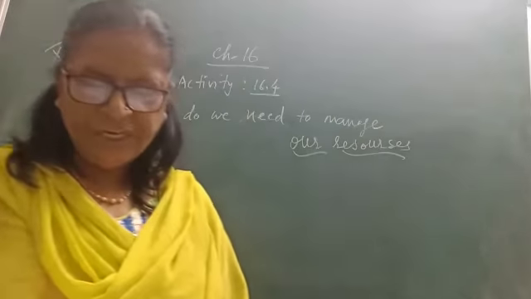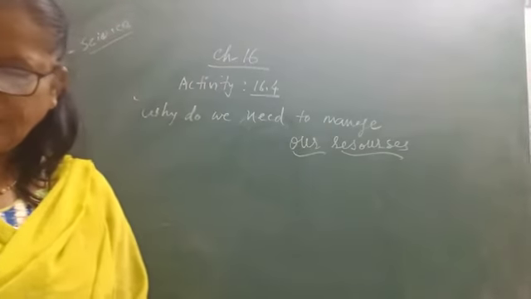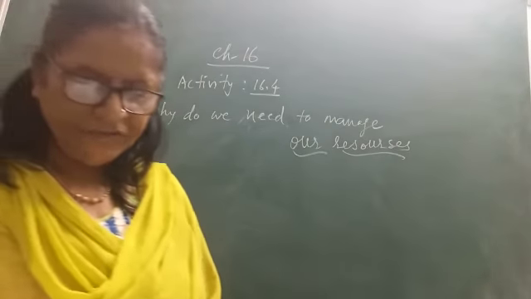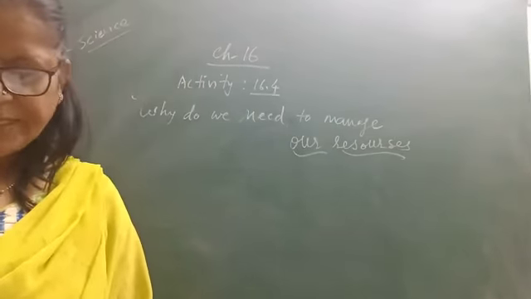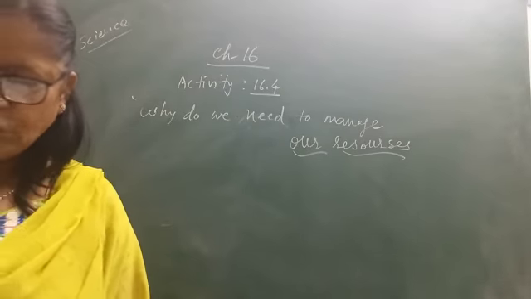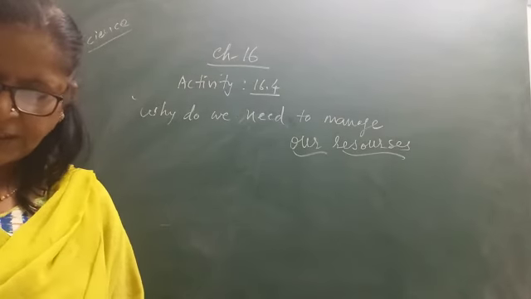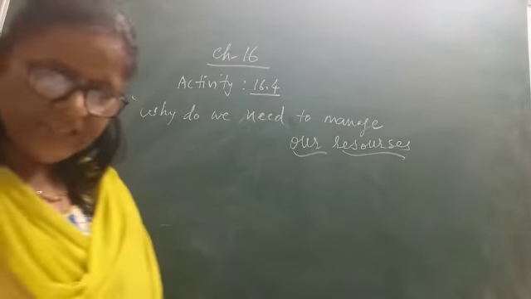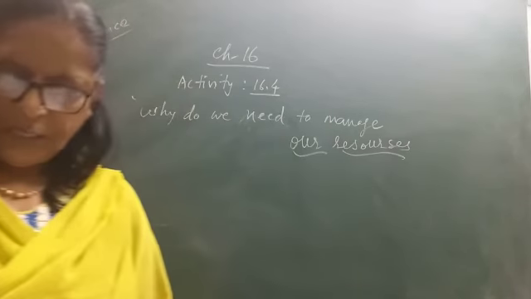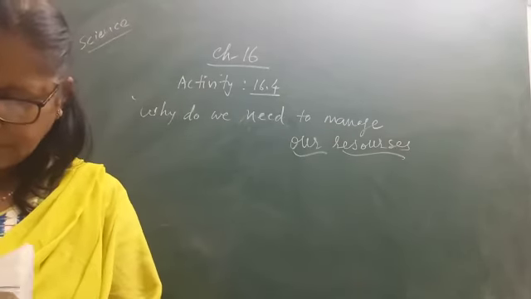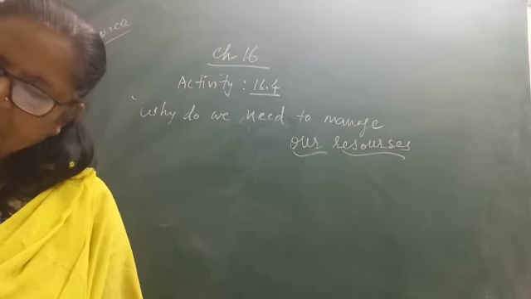Our ancient literature is full of such examples where values and sensitivity of humans towards nature were glorified and the principle of sustainability was established at its best. Now see the activity number 16.5. Okay, so we will discuss that tomorrow.